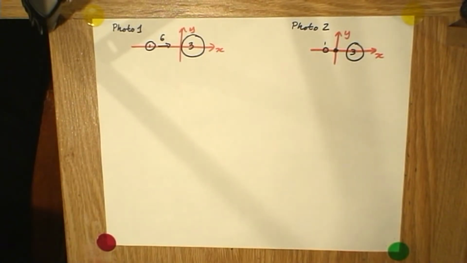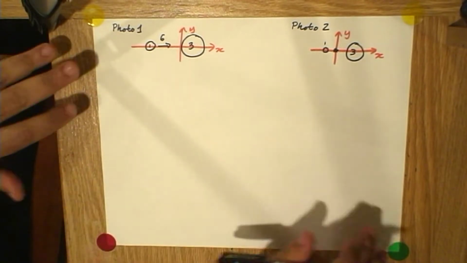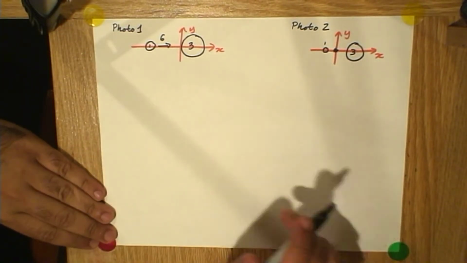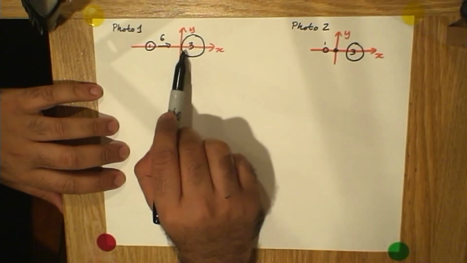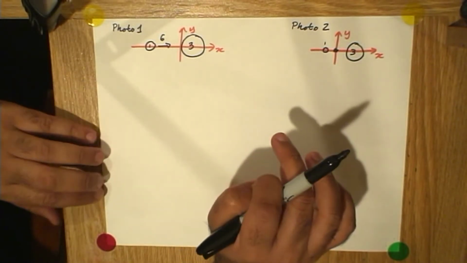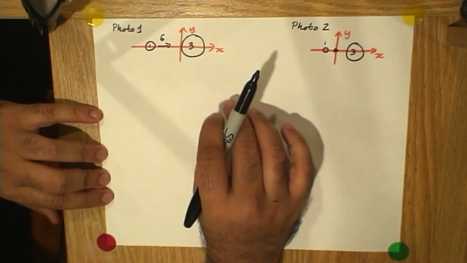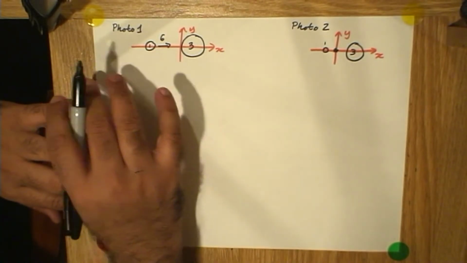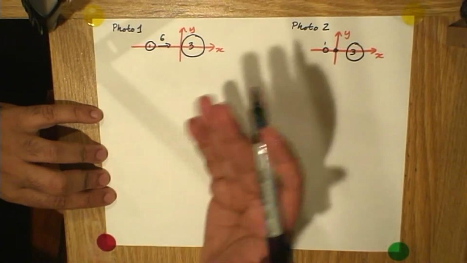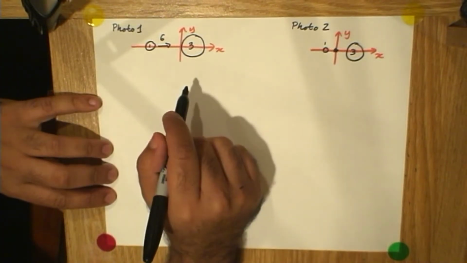Now, let us apply conservation of momentum to these two situations. Conservation of momentum says that the momentum in photo 1 must equal the momentum in photo 2. In the interest of saving space, I'm going to dive into one of the later steps where we just write out conservation of momentum instead of specifically listing out the formula for it beforehand.